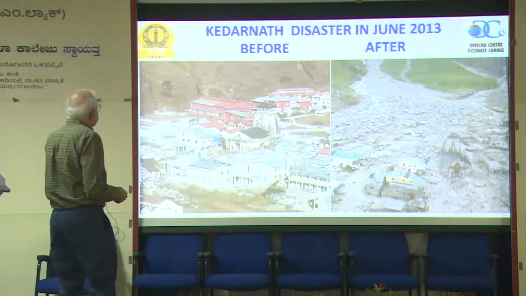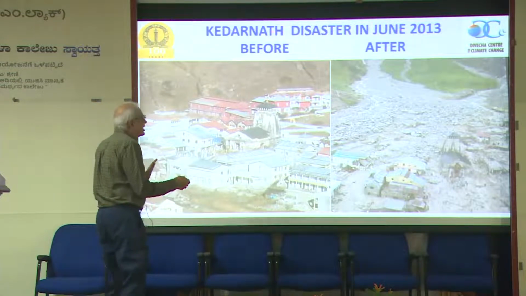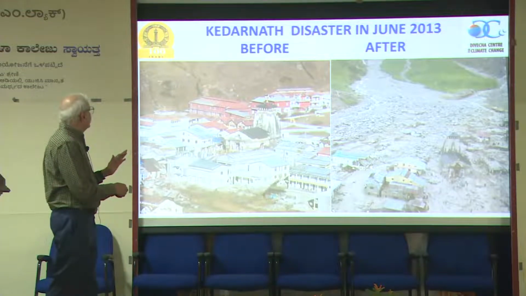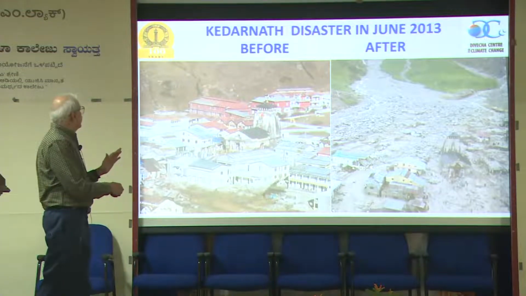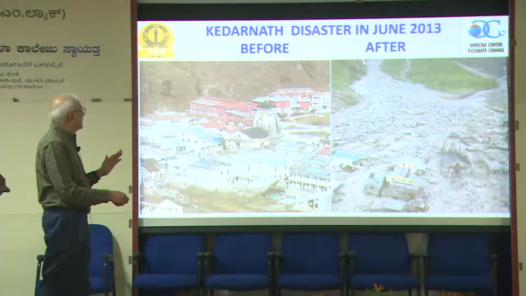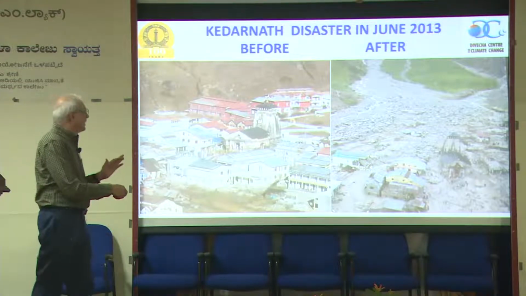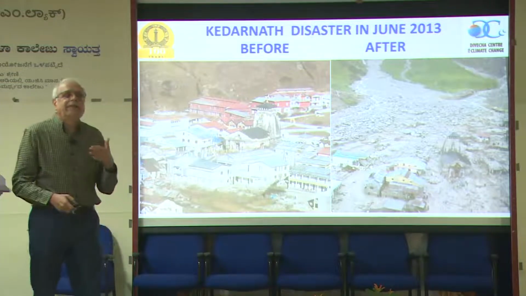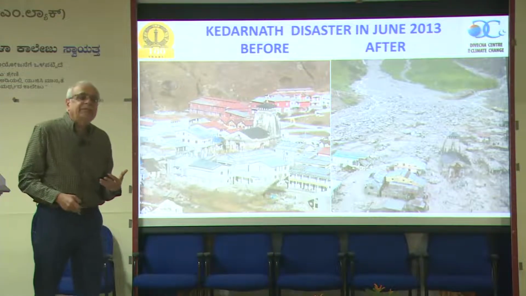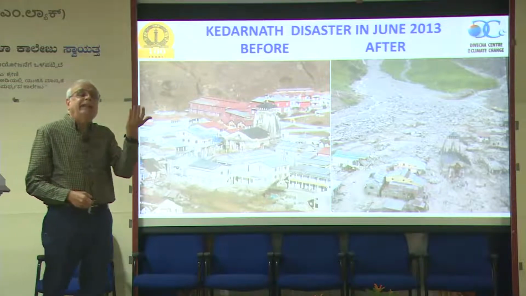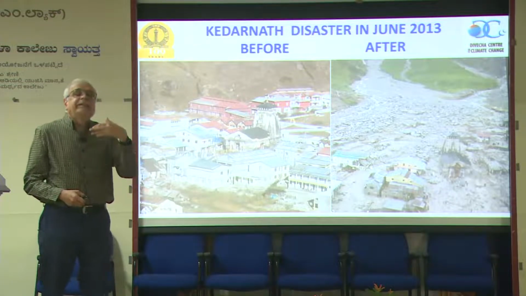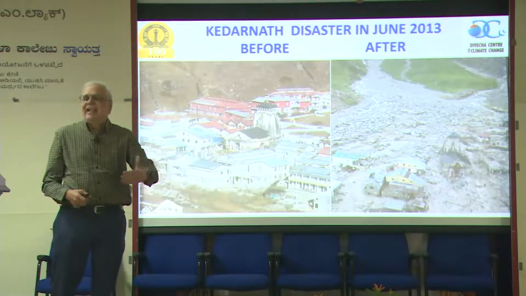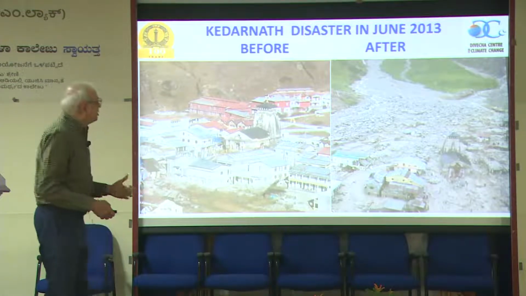You can see how devastating the Kedarnath disaster of June 2013 was. You can see the temple here, and how that entire region really vanished because of the extreme flash flood. It was caused by a landslide that blocked the river and created a temporary dam, and suddenly that dam collapsed and the flash flood came.